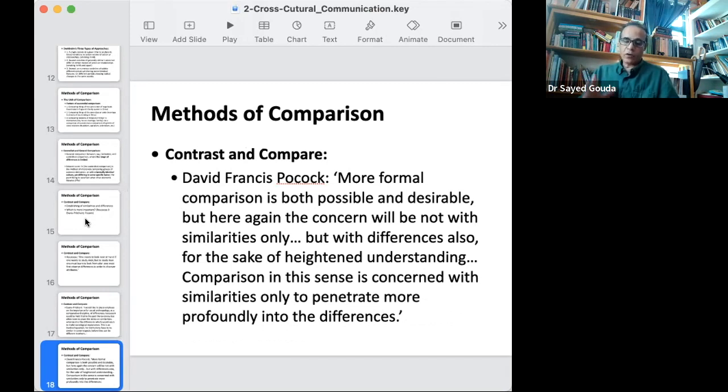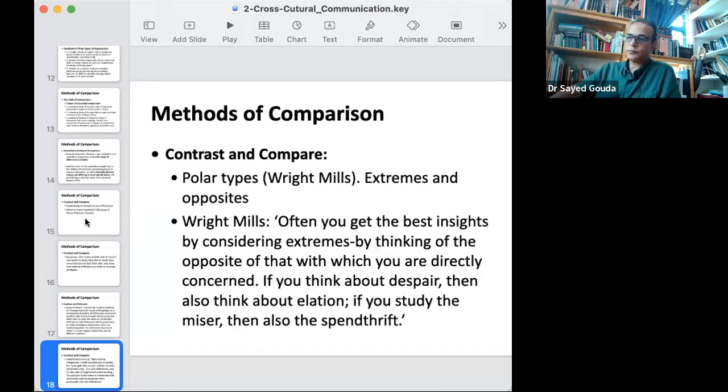But according to Alan McFarlane, it's better to focus on both. When we make any comparison, it's better to focus on both similarities and dissimilarities and differences.